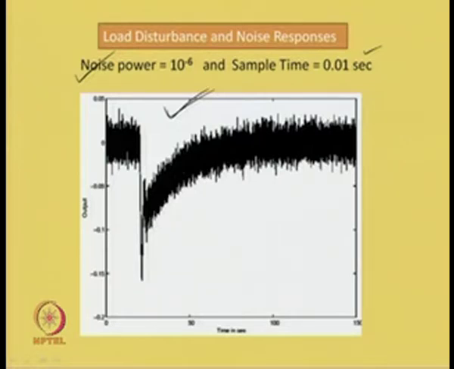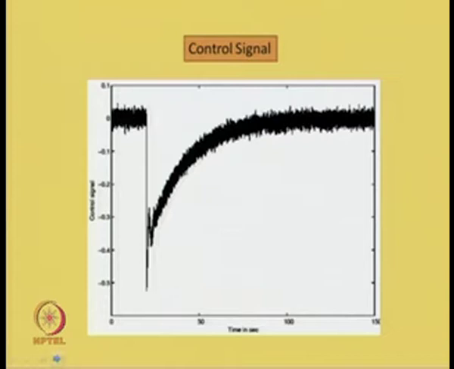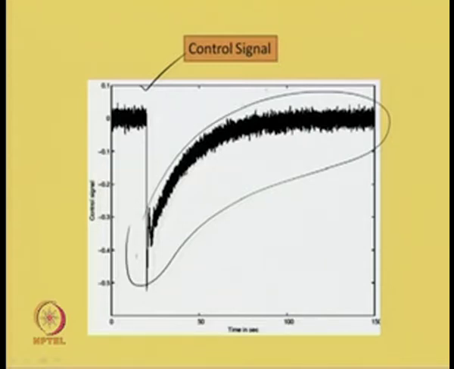Now, it is very much noisy. Not only is the response sluggish, the output is very noisy, and it is very difficult to find out the exact output from the system unless some filtering is used. Similarly, the control signal can also be plotted and seen to be of this form, where we have the effect of noise and the control effort is very high.